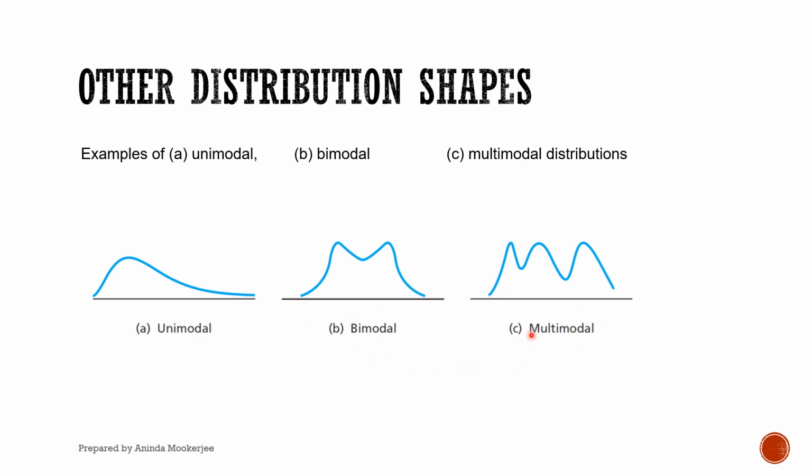The third one here is an example of multimodal, where we have more than two peaks, several peaks. To give you an example of that, think of the sales in a store. All right. So there are periods when stores offer sales, like the Memorial Day sale. We can see a peak of activity.